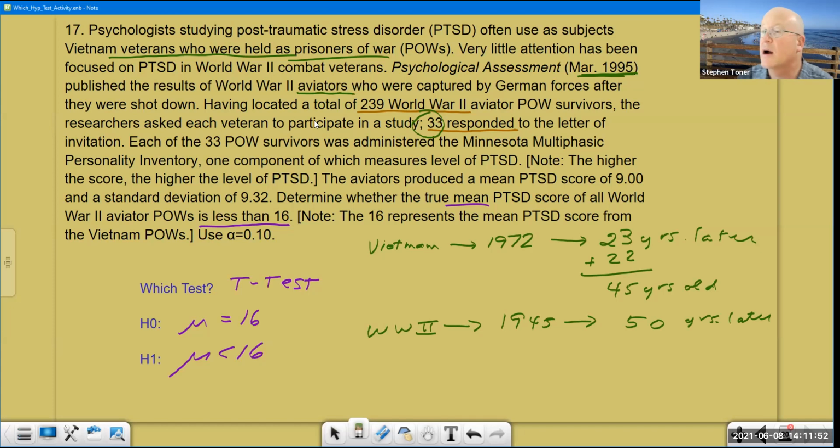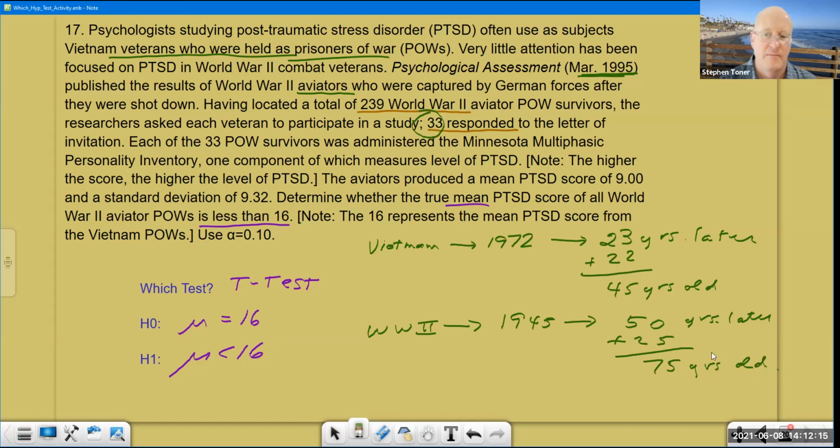And even though there might be some young people flying, odds are they had to work their way up through the ranks a little bit. They were probably 25 years at the youngest at the end of the war, and again, I'm talking in very round numbers. So I'm going to add plus 25 in here and get 75 years old.